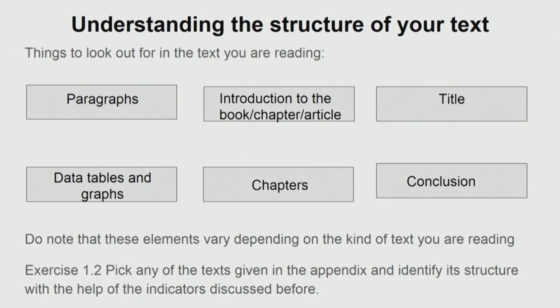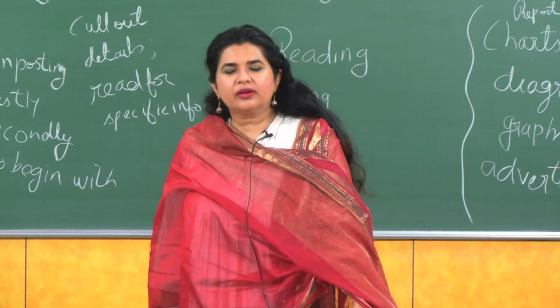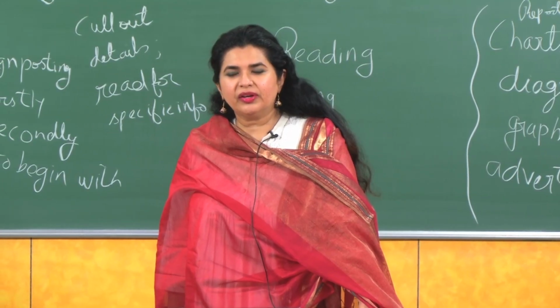You have an exercise. For example, pick any of the texts given in the appendix and identify its structure with the help of the indicators discussed before. So, you look at these things: paragraph, introduction, title. This is your exercise. Please note down your exercise.